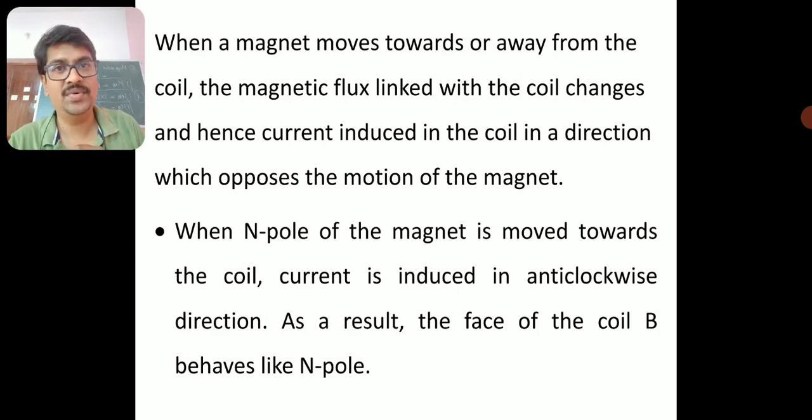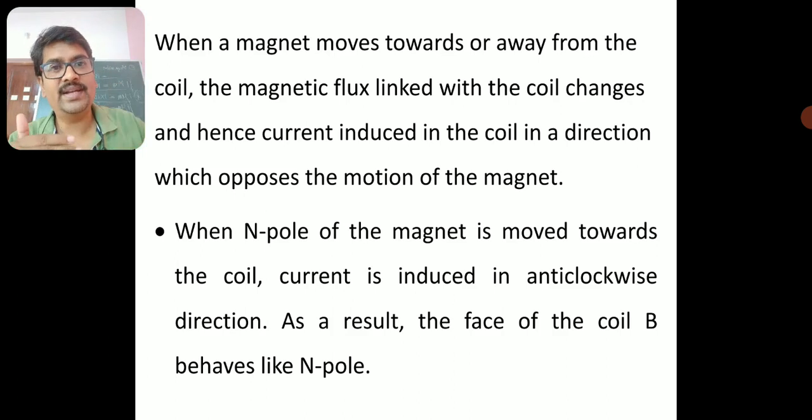As Lenz's law says, the current is induced in that direction, it should oppose the change in the magnetic flux. It should oppose the motion of the magnet. The current is induced in such a direction that it opposes the motion of the magnet.